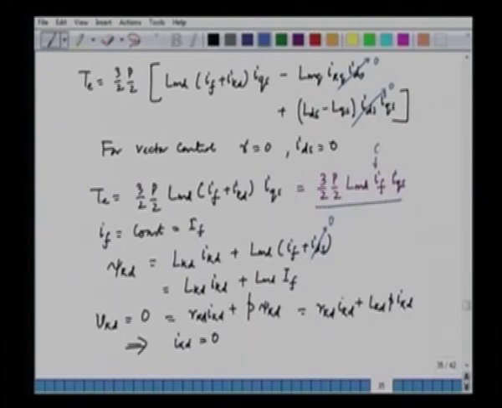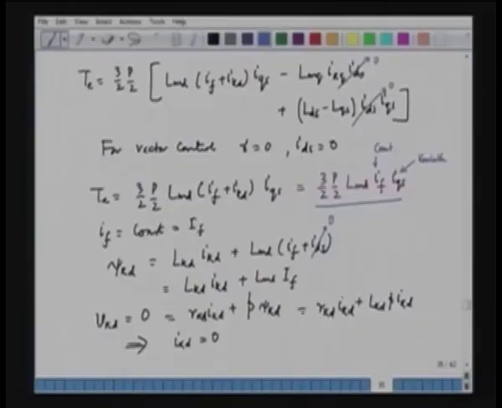So we can keep IF constant and we can change IQS to change the torque, and if we change IQS, torque will be changed proportionately. We can show it in terms of a block diagram.